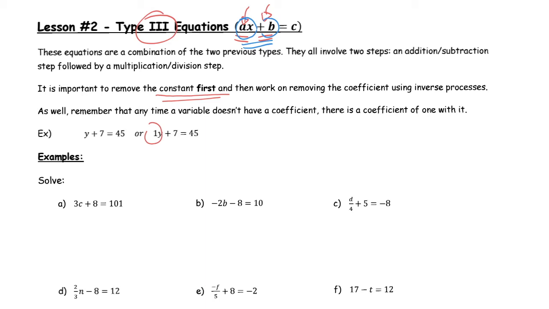Another thing we should mention before we get too far into this is that when you're dealing with equations like this, remember that when they're given to you, they are already in a balanced form. You do not need to balance these equations.